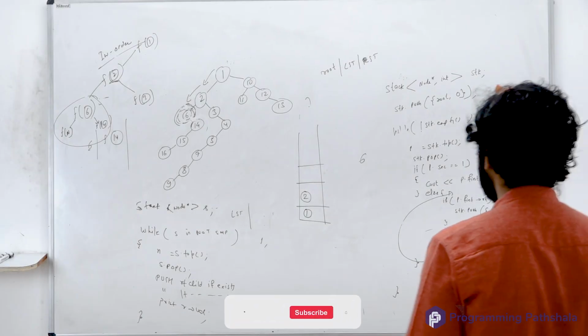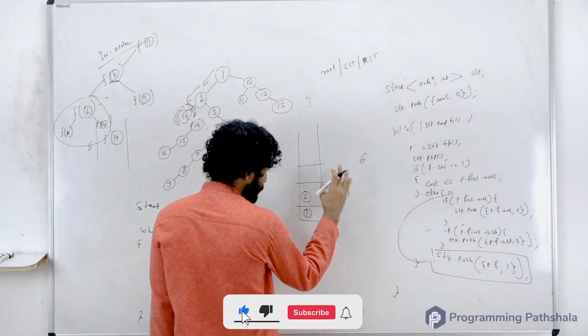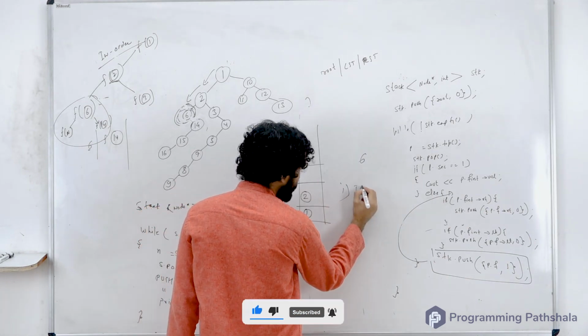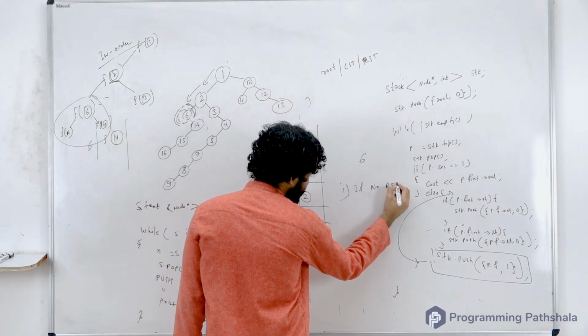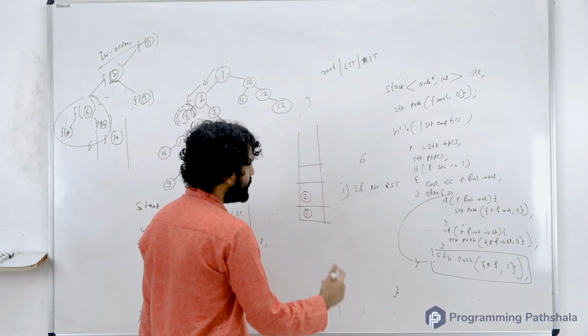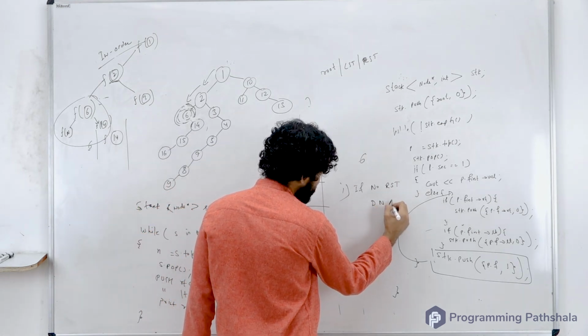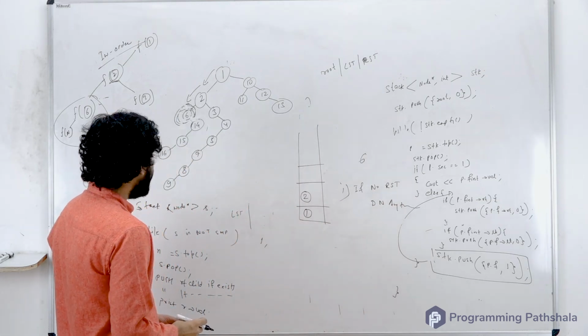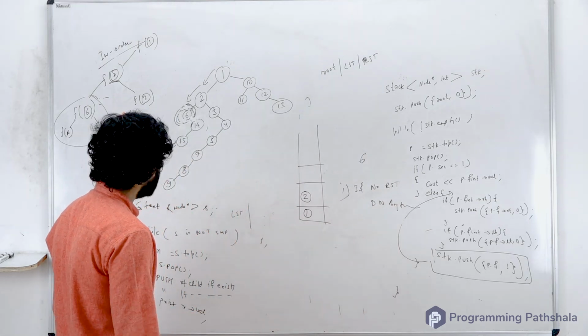So what was my first case? Whatever cases I am writing, that is with respect to whatsoever is the top of the stack. So if the right subtree does not exist, don't do anything. If there is no right subtree, nothing is to be done.